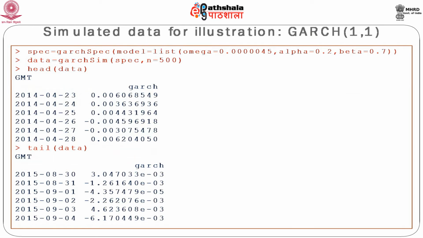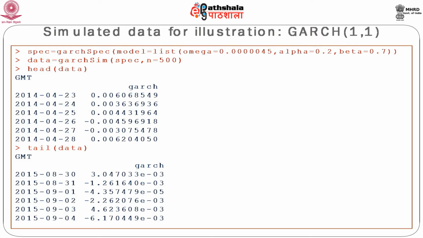So let's generate the data for illustration. I deliberately made the simulation very simple for your understanding. I just took a GARCH order (1,1) and generated the data, and fixed omega equals to 5.5045, alpha equals to 0.2, beta equals to 0.7, and then finally the garchSim function was called, and 500 data points were generated and stored in a variable called data.